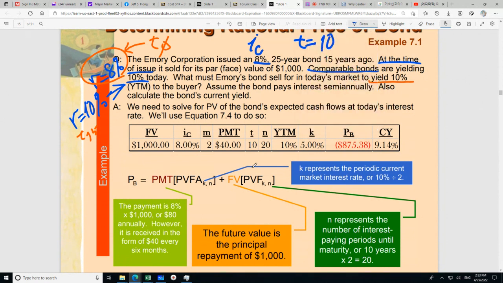Okay, so let's do this. This is a two-part question. Part A: first, what's the price, and second, what's the bond's current yield? I'm going to get to current yield later.